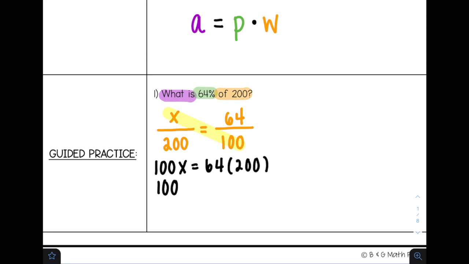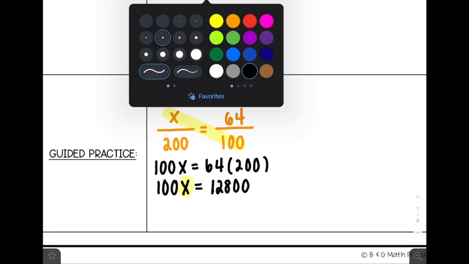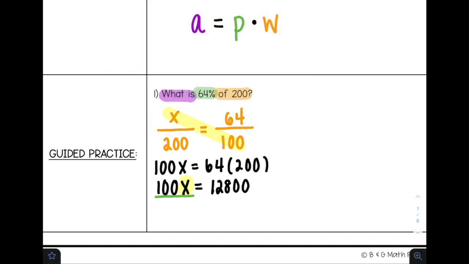So if you're trying to multiply and simplify, 64 times 200, you are going to get 12,800. And then remember, if this is what you're trying to isolate, you have to separate it using inverse operations. Make sure you divide by 100, and you're going to get x equals 128.